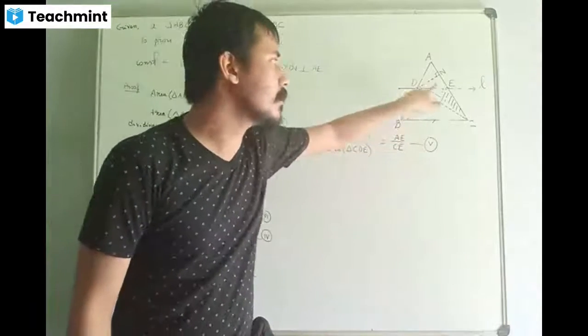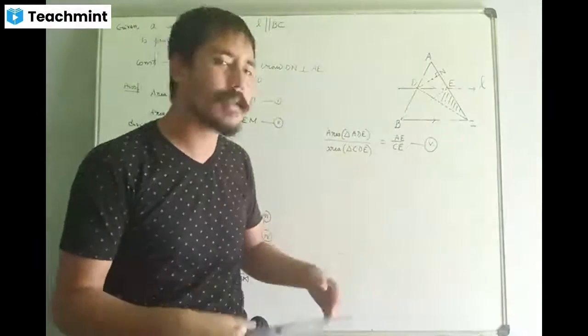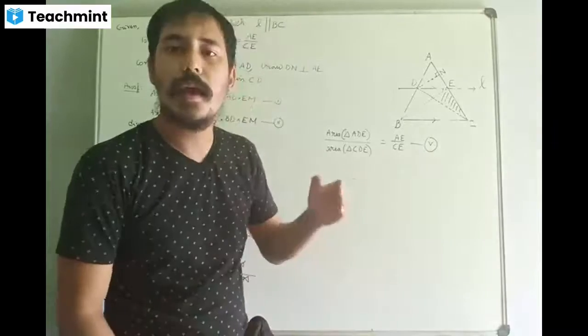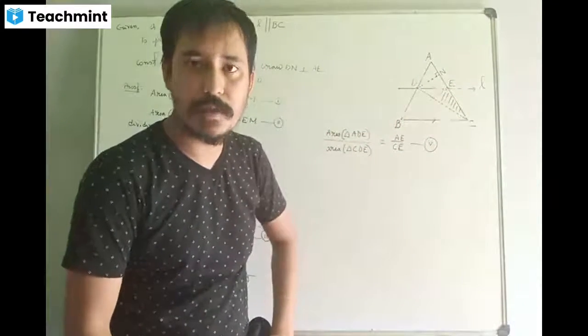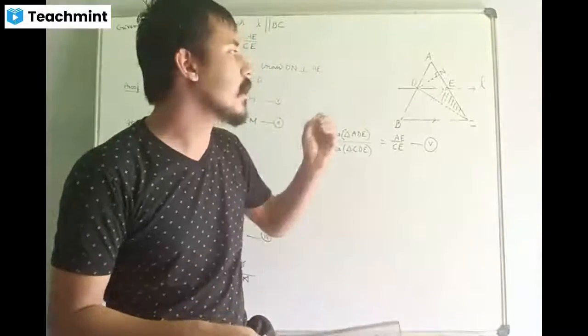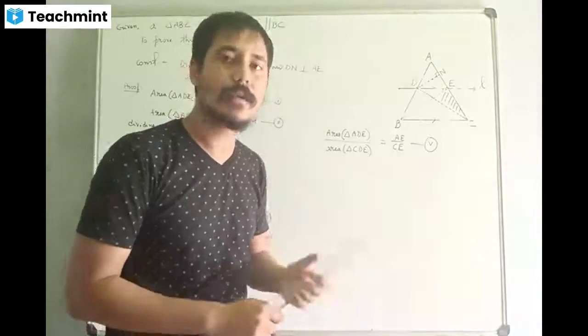So triangle BDE and triangle CDE have a common side, DE, and also they lie in between the same two parallels. In such a case, the area of the two triangles will be equal. So I'm going to mention that.